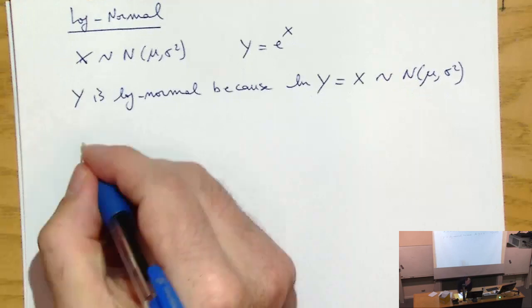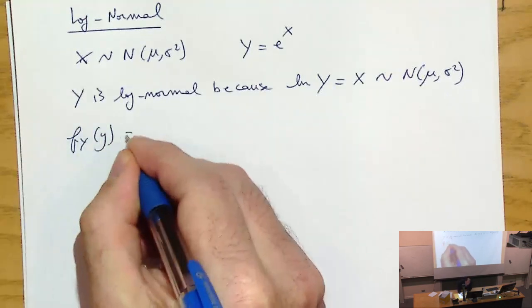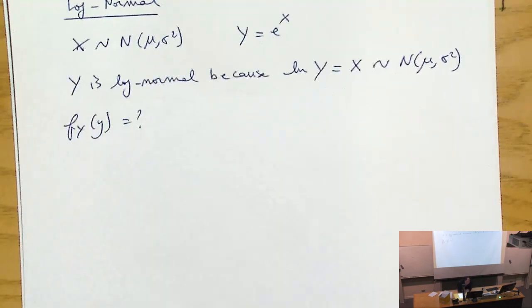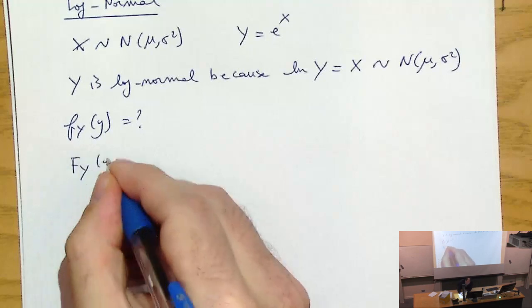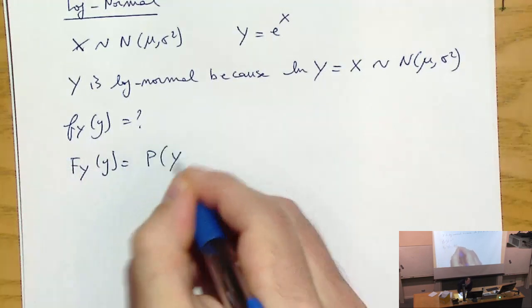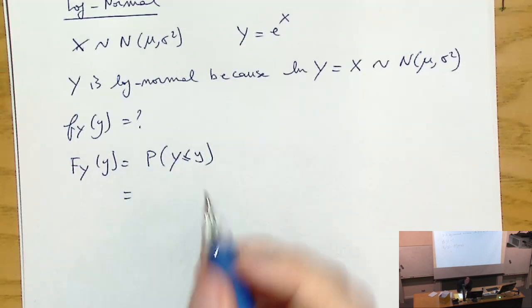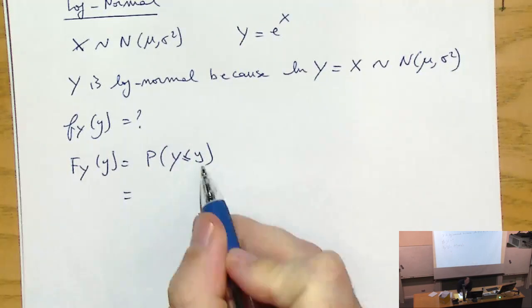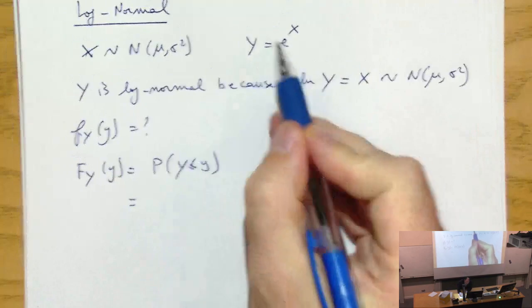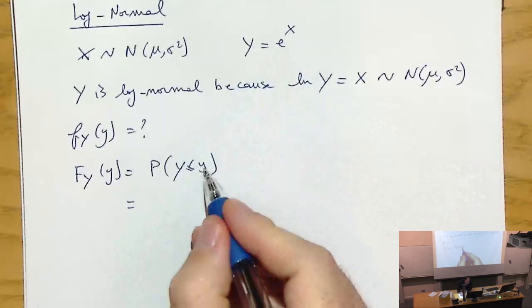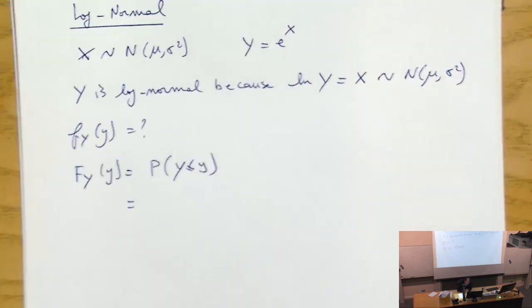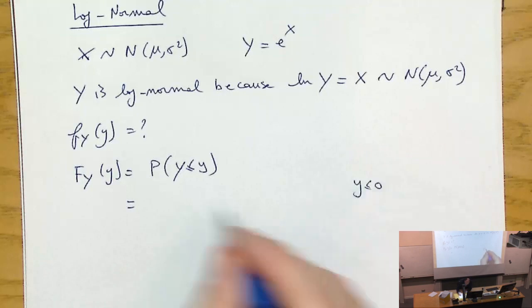So same as before, what is the PDF of y? Well, we can start with the CDF, same as what I have done before. And what do we have here? The exponential here is always positive, so if y is negative, you get 0.